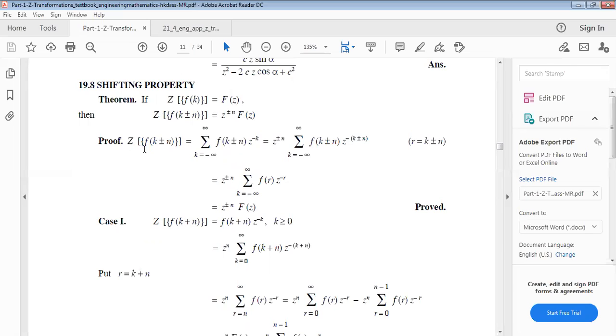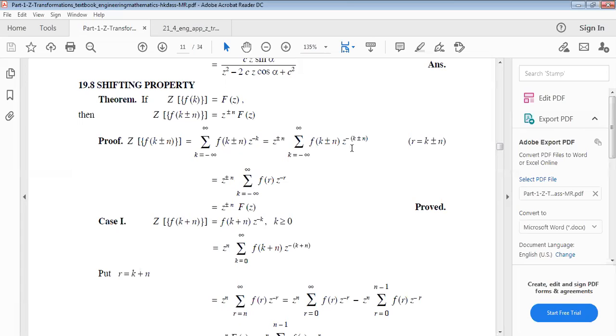Now consider the z transformation of this sequence, which according to the definition of z transformation is the sum for k equals minus infinity to plus infinity of f of k plus minus n into z to the power minus k. This equals z to the power plus minus n into the summation for k equals minus infinity to plus infinity of f of k plus minus n into z to the power minus k plus minus n.